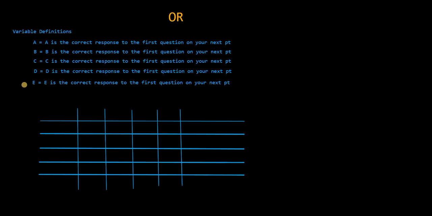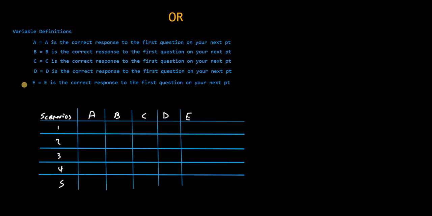So when it comes to listing out the scenarios, it's not as complicated as it looks. There's only 5 scenarios. So we have A, B, C, D, E. 1, 2, 3, 4, 5.